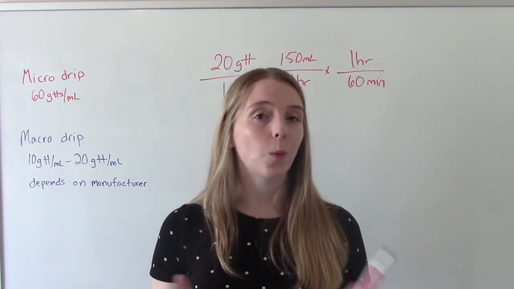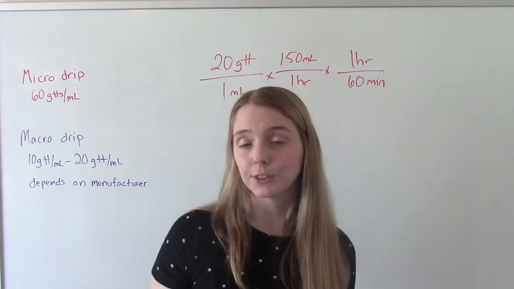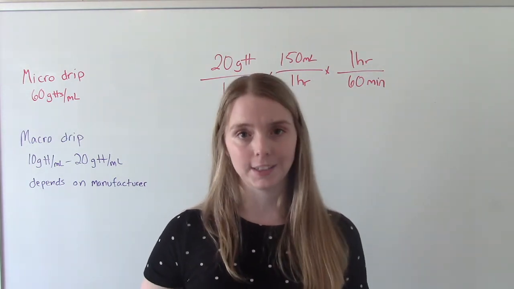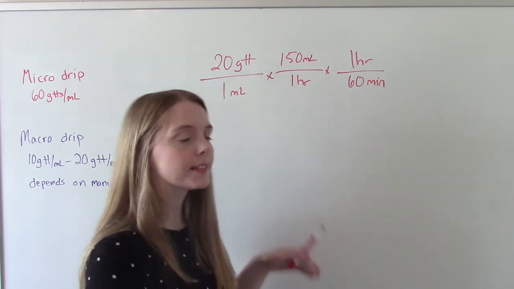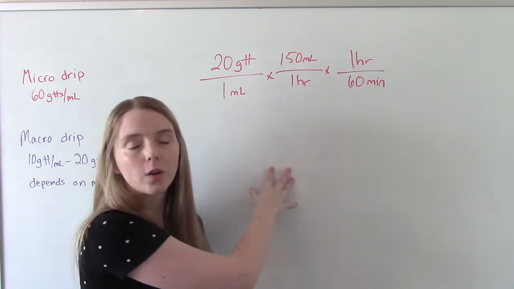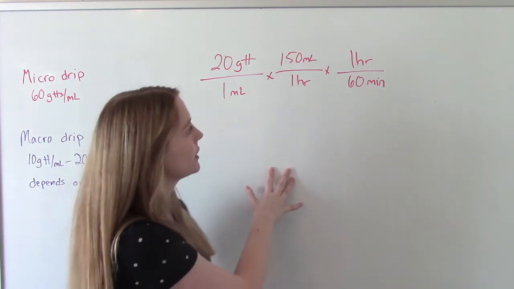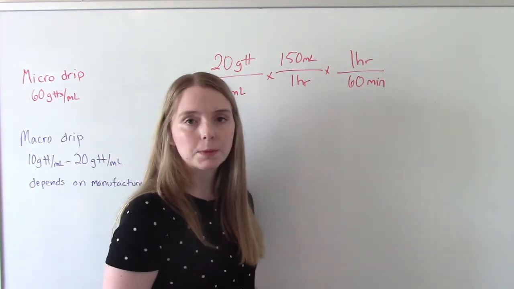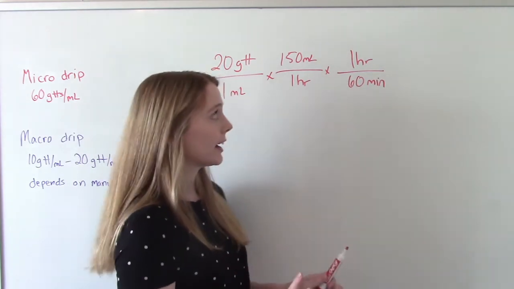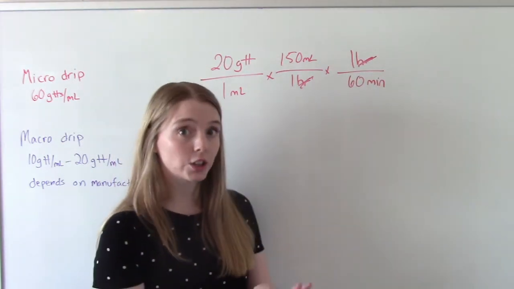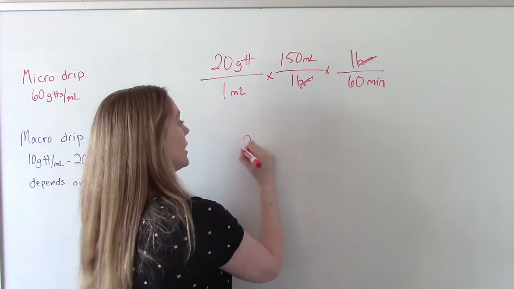One more thing I wanted to bring up, you don't have to do this at all, but if it's interesting to you, if you think it's going to be easier, I wanted to present it. The way we've been setting things up has been like this. So this was like the equation for our number 2 example that we did, right? And so we had to convert hours to minutes to end up in drops per minute, right? You can set it up like this, you can cancel if you want, or the alternative is you can set it up like this.